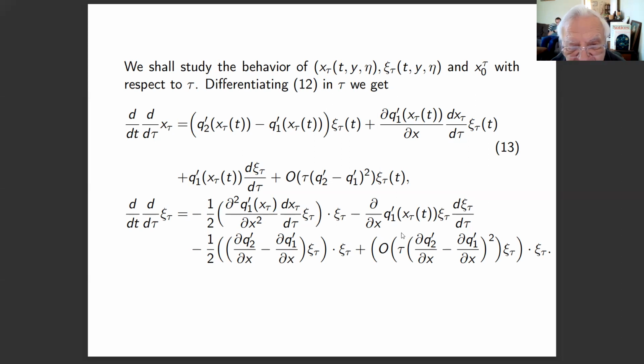Low order terms we will need for the estimate of the remainder, but for the linear approximation, this capital O is 0.